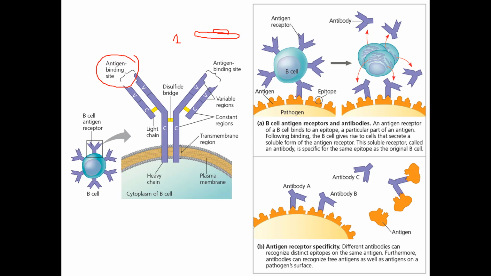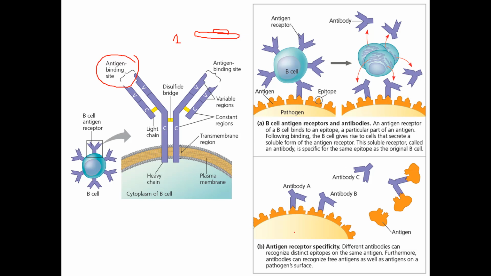After recognizing the epitope, it will get activated, and then it will start secreting these antigen receptors, which are then called the antibodies. These antibodies will recognize those particular epitopes, and that will help in further destroying the foreign particle or the foreign organism.